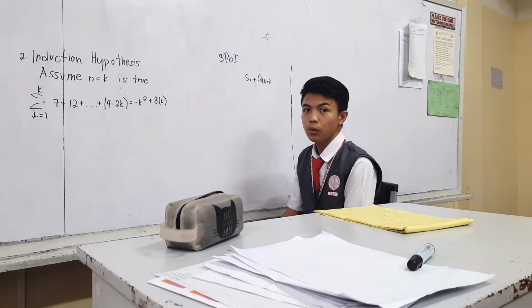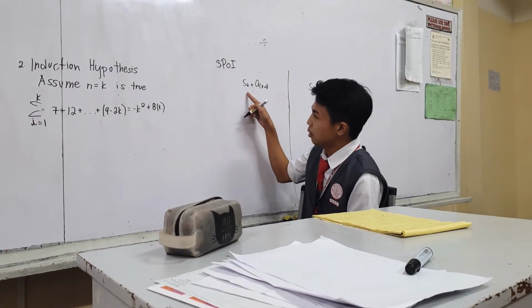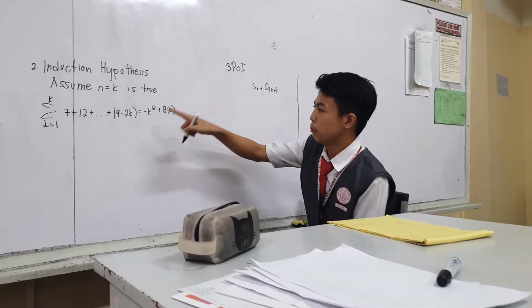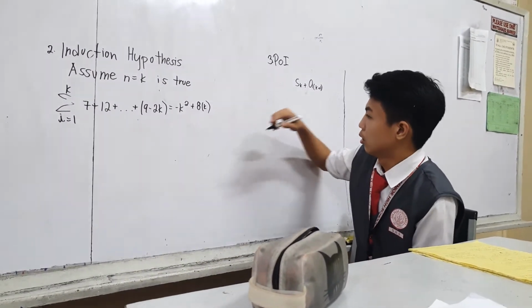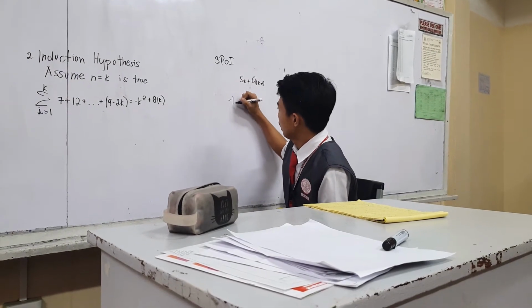First, we are going to do the first procedure. S sub k represents this one, while A sub k plus 1 represents this one. We have to write down the S sub k.